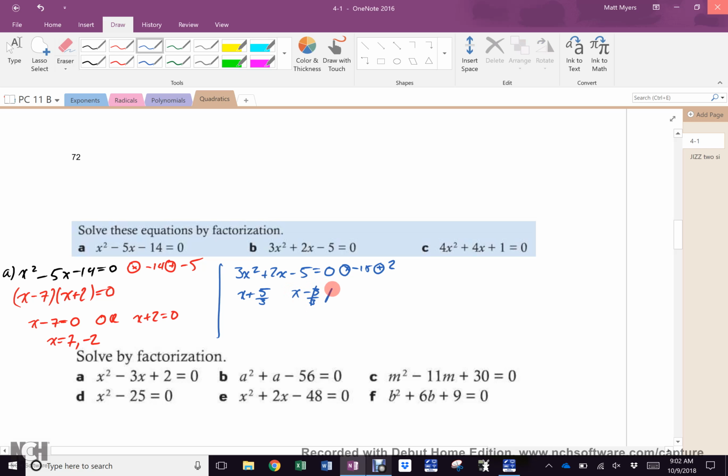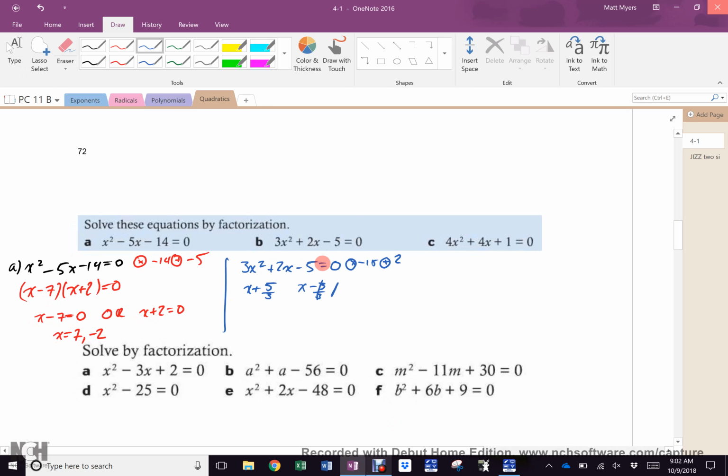Is everybody cool to there? Now, when we're factoring, we would bring this 3 to the front, wouldn't we? If we were looking for the factors, right? But are we looking for factors here? Or are we using the factors to find the answer? We're using the factors to find the answer because there's an equal sign here, isn't there?